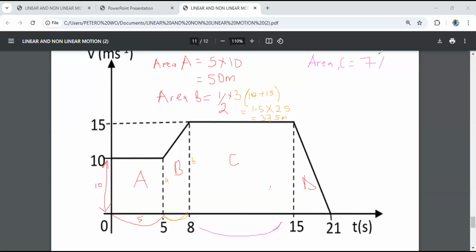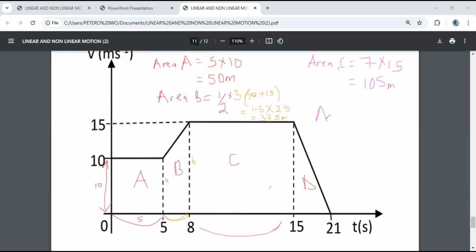So it is 7 times 15, which gives us 105. So area C is 105 meters.